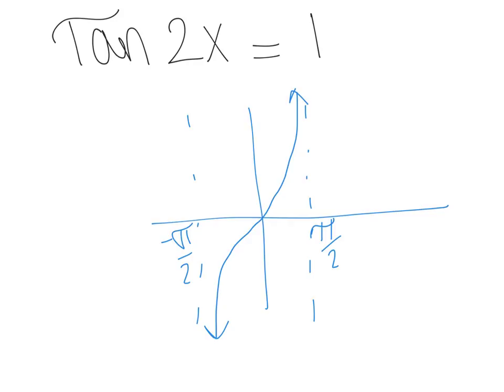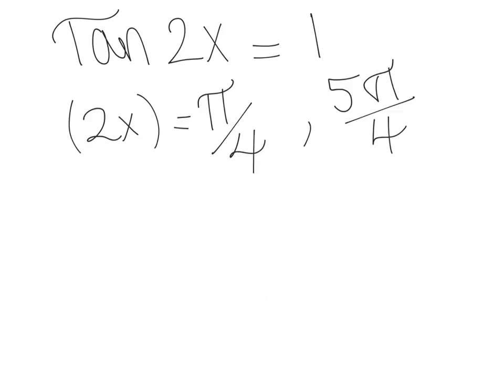So that means I have some places where it's reaching that one. So let's go from 0 all the way to 2 pi. So that angle will give me 1 at pi over 4 and 5 pi over 4. Another way to think about it, as we learned, is to think about it in the unit circle.